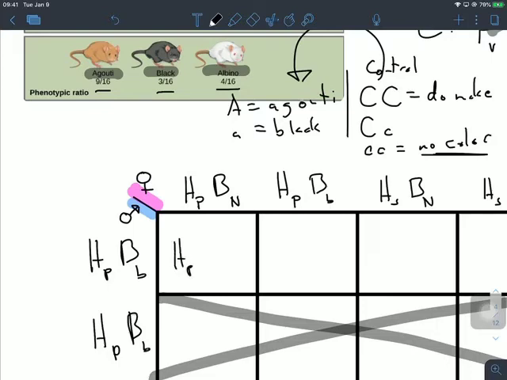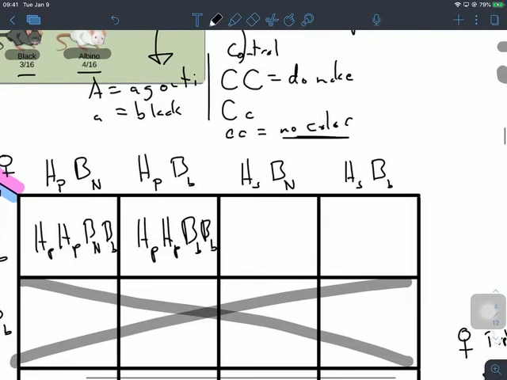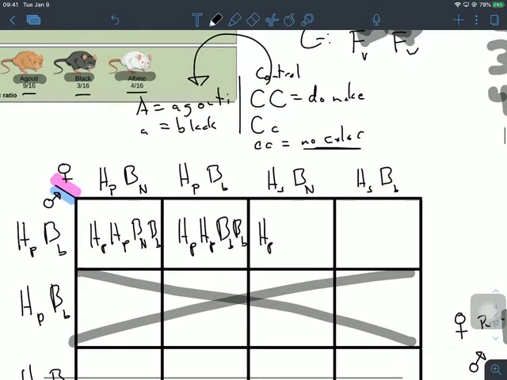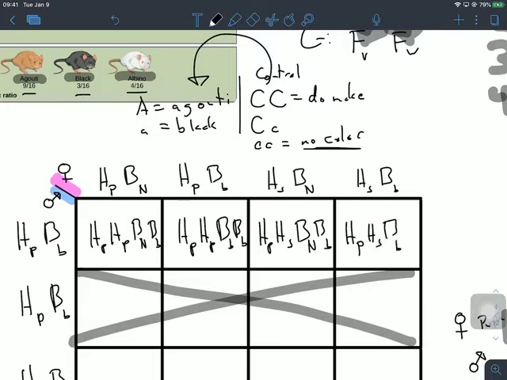Well, HP and HP, carry over this HP and this HP to combine to make that, and then carry over our balds. Bald not, bald definitely. Purple hair, that's actually bald. And then purple hair with a silver, but a not bald with a bald. And then purple hair with a silver, but double bald.